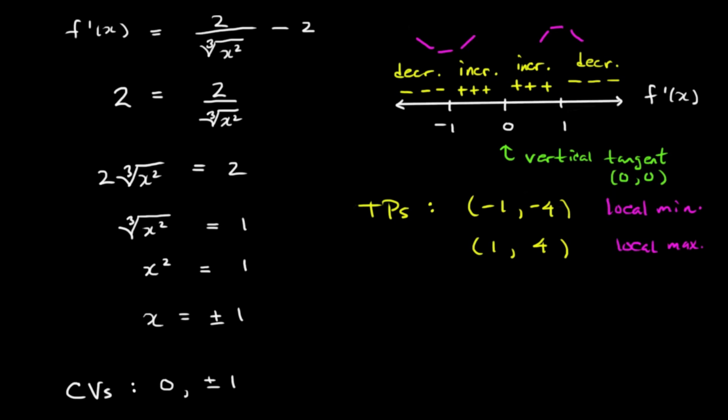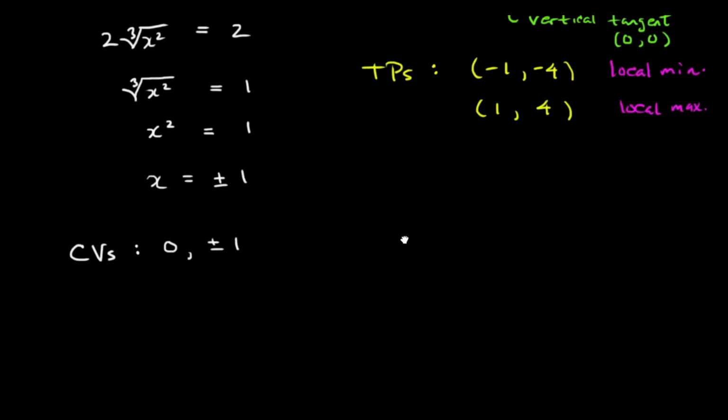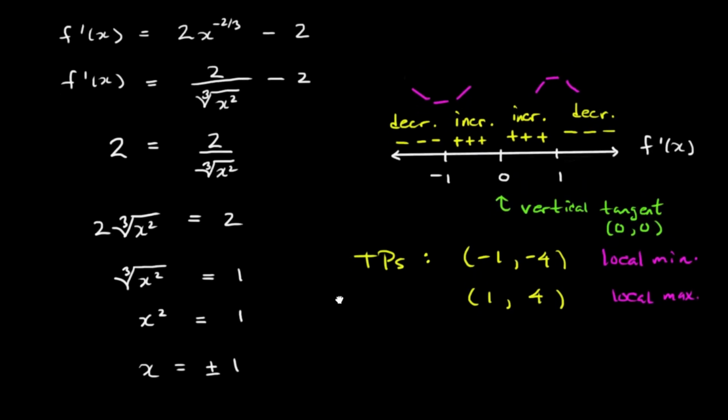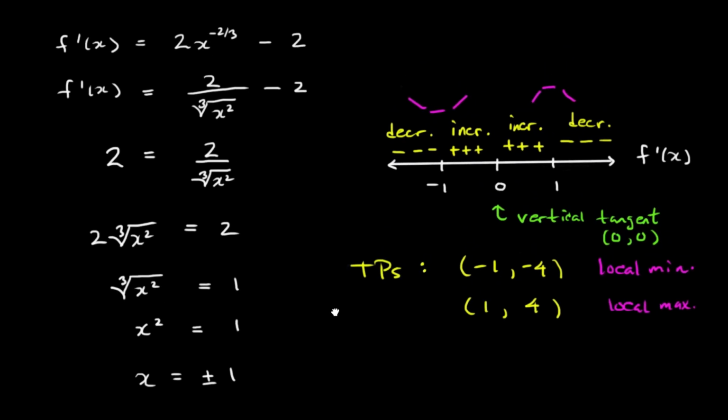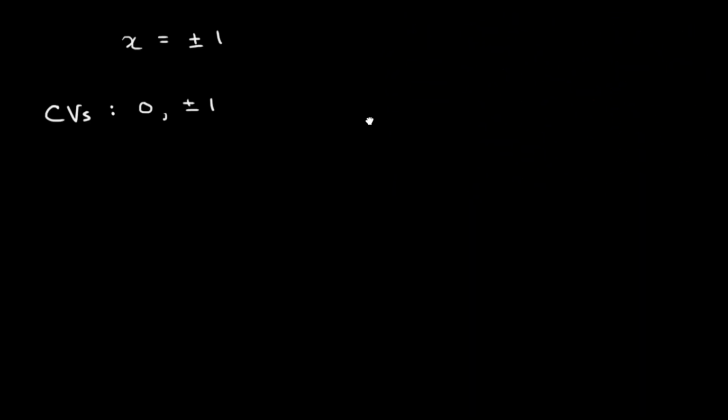Okay, so I think we've eked as much detail as we can out of that first derivative. Let's find our first derivative again and keep the ball rolling towards the second derivative, and we'll start looking at concavity. So let's copy this and get some space all the way down to here.